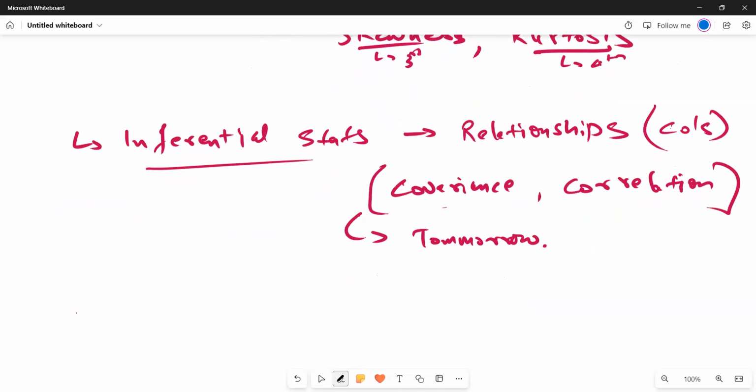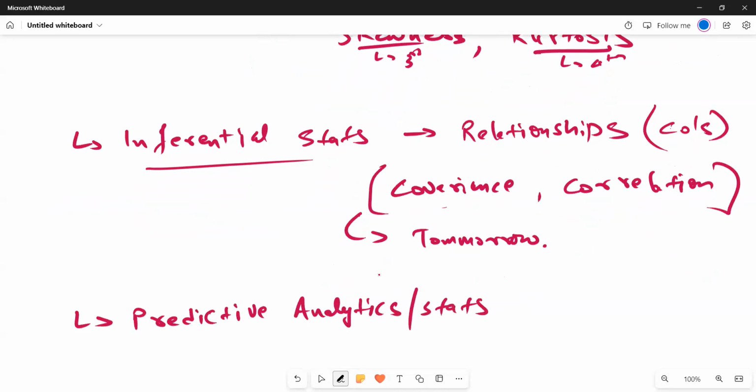Now, proceeding ahead with this, we have the third type of statistics, which is called predictive statistics or predictive analytics. Right? Predictive analytics or predictive statistics.